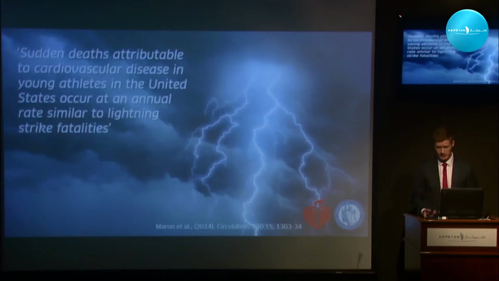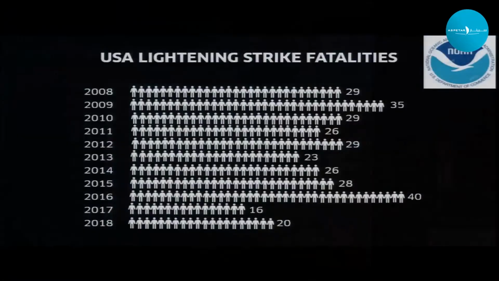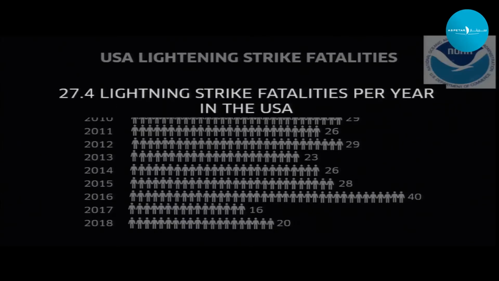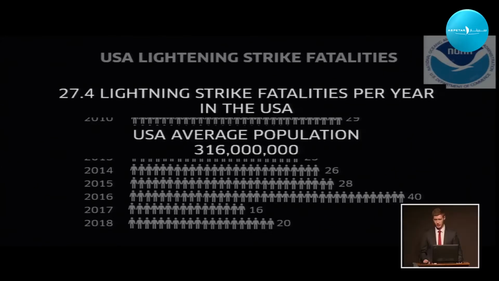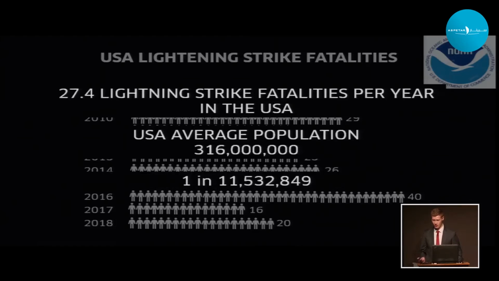And thankfully for me, the National Oceanic and Atmospheric Administration have kindly done me the favour of doing all the legwork here. If we look at lightning strike fatalities between 2008 and 2018, the average over this period was 27.4. And if we look at our denominator, our population at risk, we have an average population in the US of 316 million. So that gives us an incidence or risk of 1 in over 11 million.